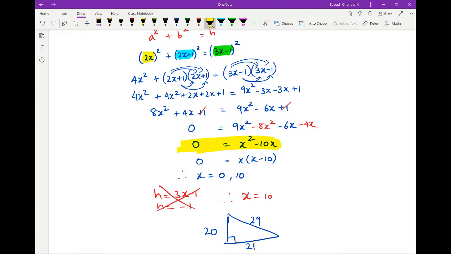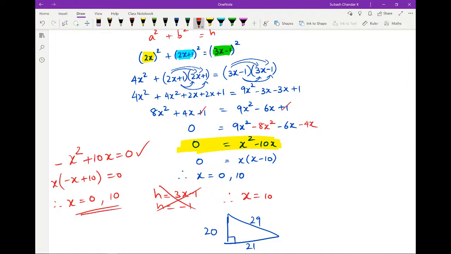So your equation looks like minus x squared plus 10x equals 0, isn't that correct, William? Sorry, in the comment section, the minus is stuck in the first line. That's why I couldn't see the minus. Now this is absolutely fine, because if you factorize it, you will still get negative x plus 10 equals 0, therefore x is equal to 0 or positive 10. So it'll still work out. You're absolutely fine.